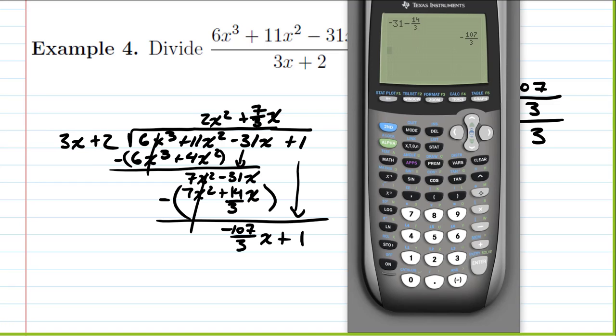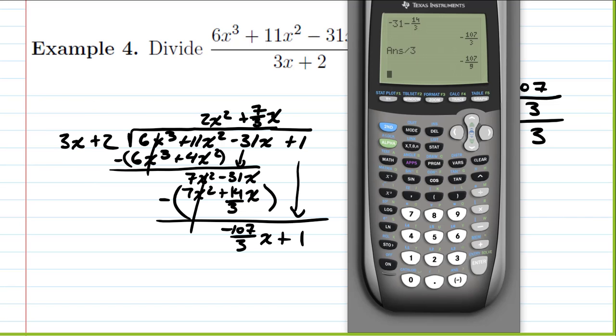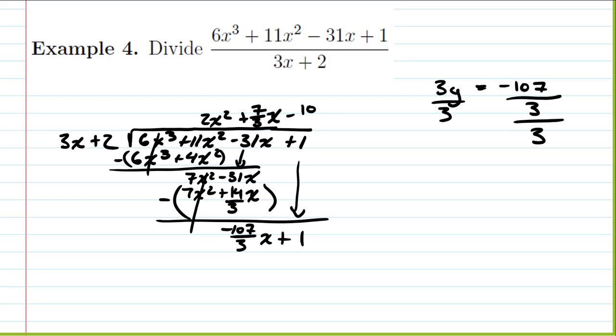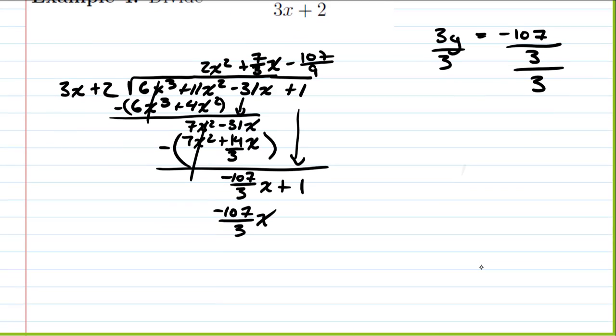And if you don't remember what that is, we divide both sides by 3 on our calculator, and we get negative 107 over 9. So negative 107 over 9 x, and then negative 107 over 9 times 2, so we multiply that by 2, and we get negative 214 over 9.